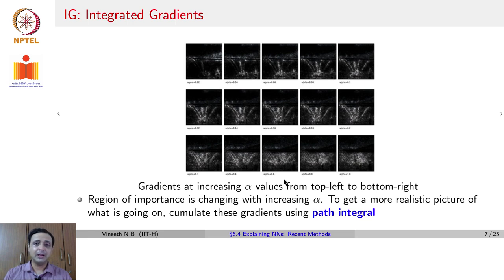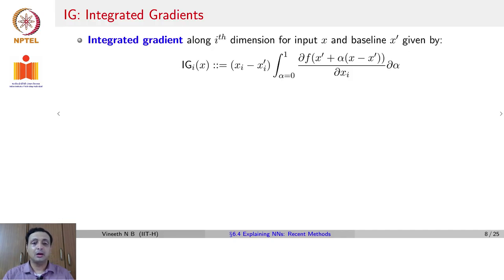Mathematically, this is achieved using what is known as a path integral, and that's the reason it's called integrated gradients. Let's try to see how that's defined. IG, or the integrated gradient along the ith dimension for input x and baseline x prime, which we just took as a black image when I gave the example a minute ago, is given by IG_i(x) equals (x_i minus x_i prime).